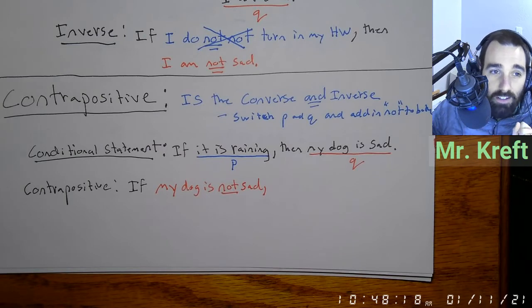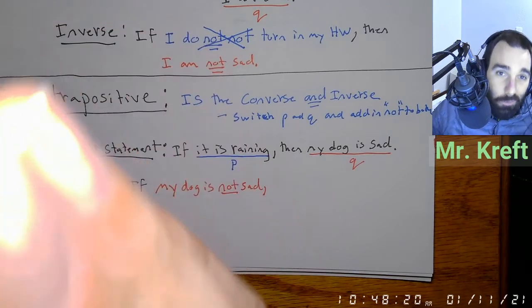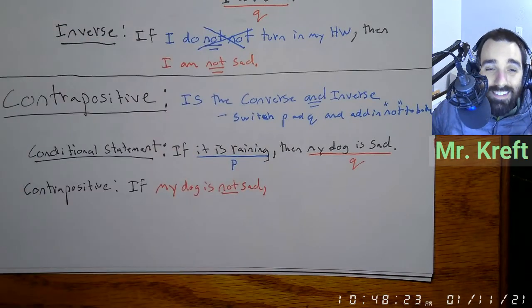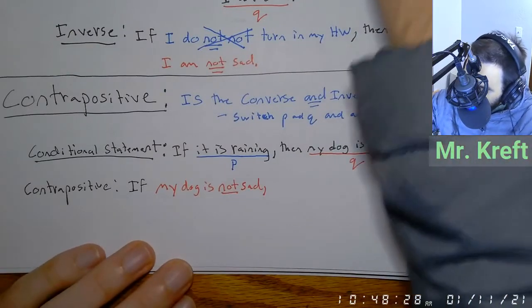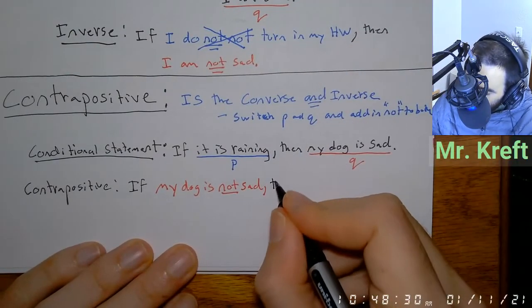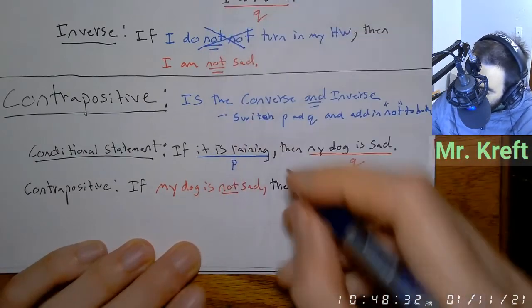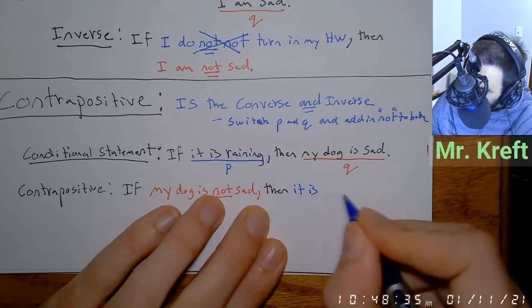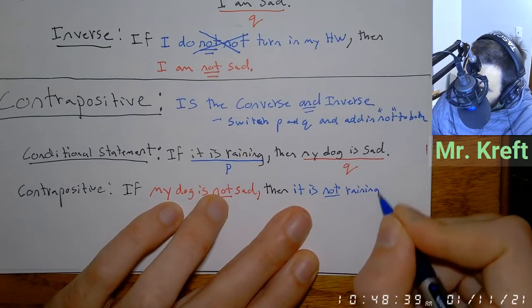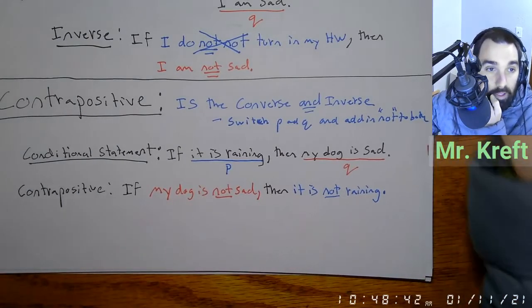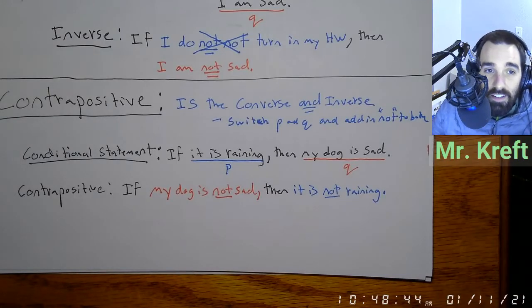For example, if you say, if not my dog is sad, I'm still going to give you credit. What I'm looking for is, did you put in the negation? So if my dog is not sad, then it is not raining. So if my dog is happy, then that means it's not raining outside. Okay?